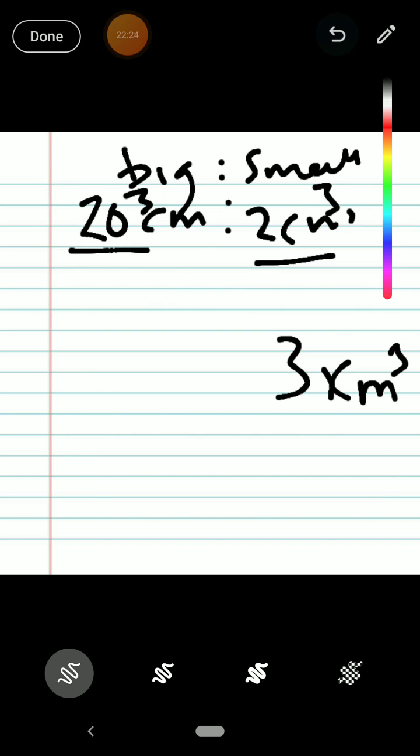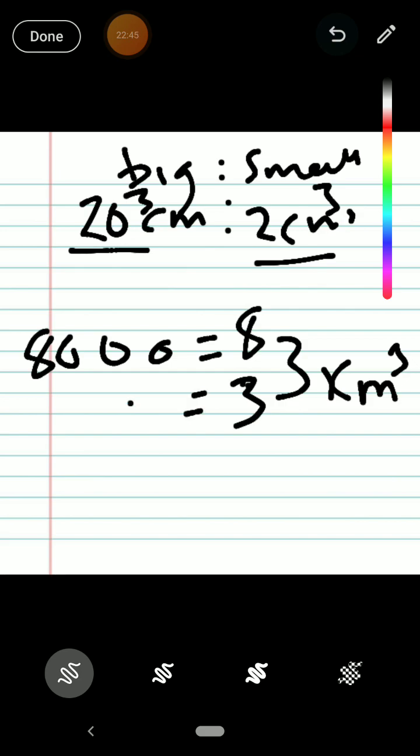So 20 power 3 is going to be 8000. 20 times 20, 400 times 20, 8,000. And 2 power 3 is going to be 8. Then you take the volume given, x, and cross multiply.